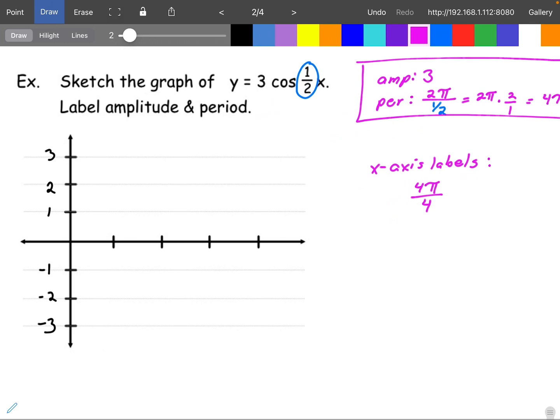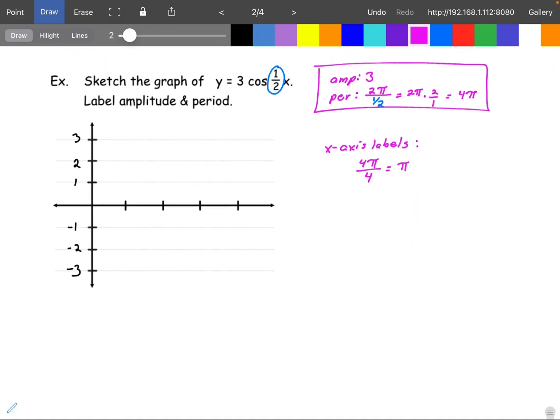We know the beginning starts at 0, and then 4 pi divided by 4 is pi. So that means each one of these marks is going to be counting by pi. So I have 0 at the start, then this is pi, this is 2 pi, 3 pi, and 4 pi.